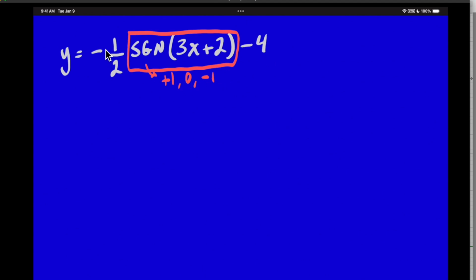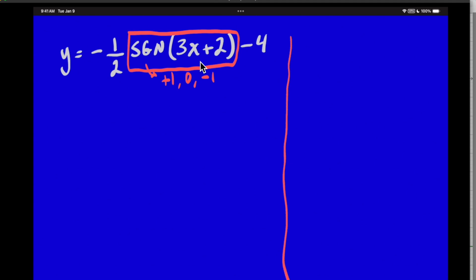And then these neighbors are going to act on them. If the sign function, if this rectangular box yields a positive 1, we're going to have negative 1/2 times positive 1, that's negative 0.5, minus 4, that's going to be negative 4.5.